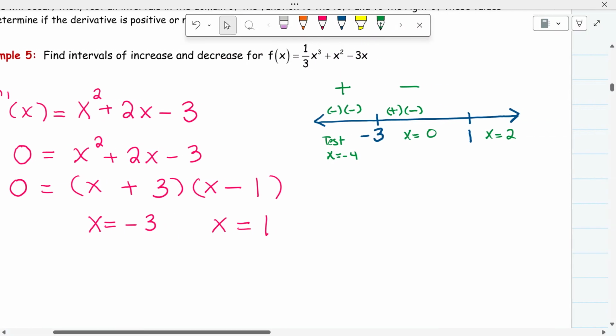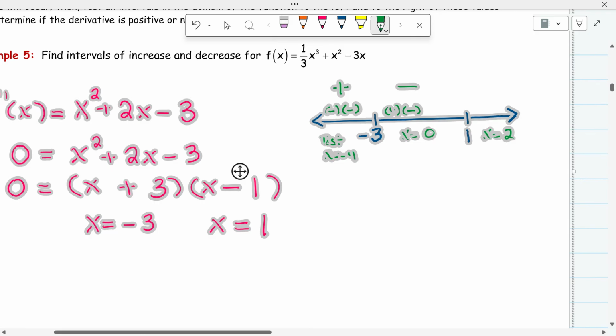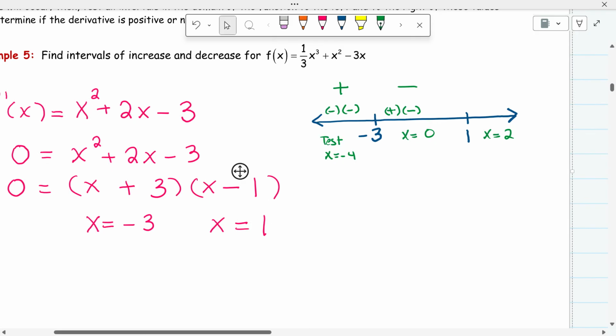And then my last little piece here is 2. So therefore 2 plus 3 is a positive, and then 2 minus 1 is a positive.